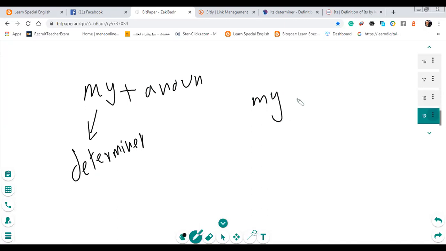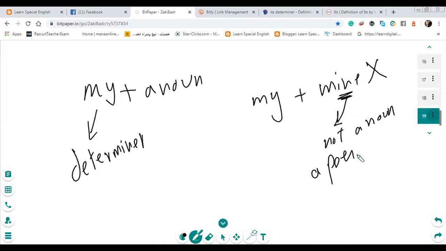So "mine", this is incorrect because "mine" here is not a noun, right? That's a simple answer. Mine is not a noun. It's a possessive pronoun. So that's the simple answer for "mine".